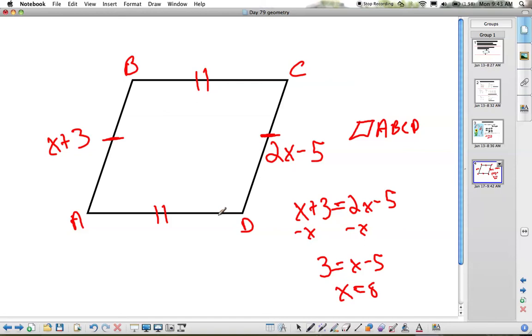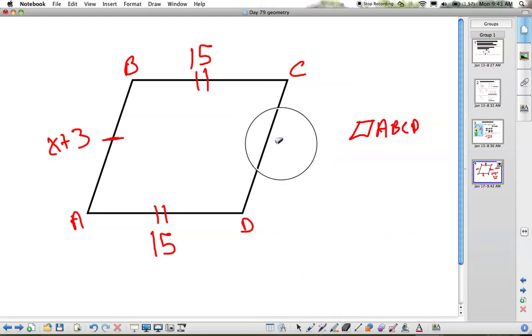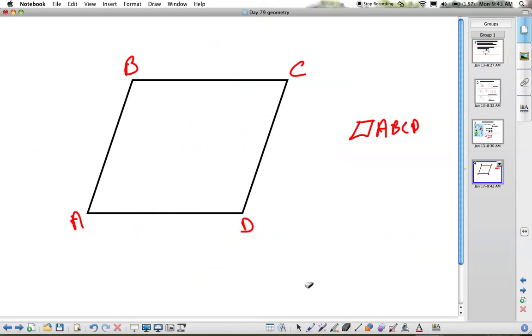Again, opposite sides, set them equal to each other. Angles, depending on where they're located, are either going to be equal to 180 or congruent. If this side is 15, this side is also 15 because opposite sides are congruent. Let's do one more. You still have the parallelogram.